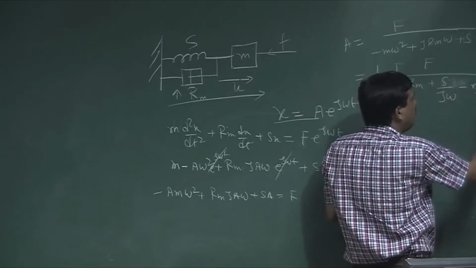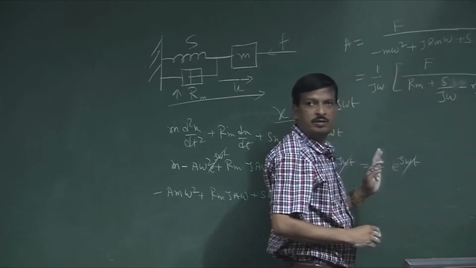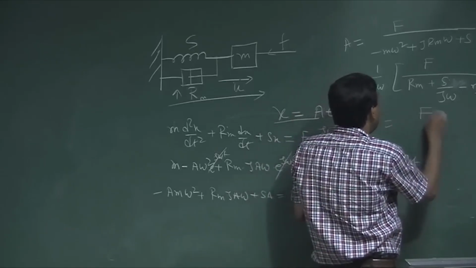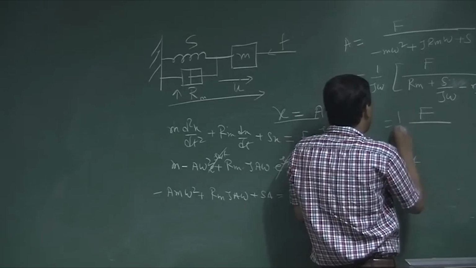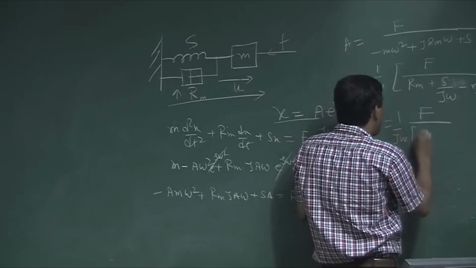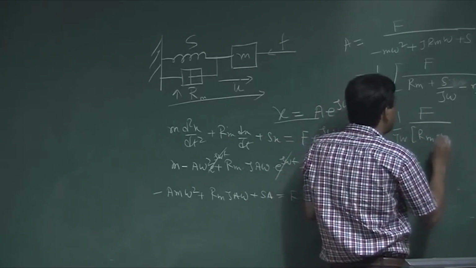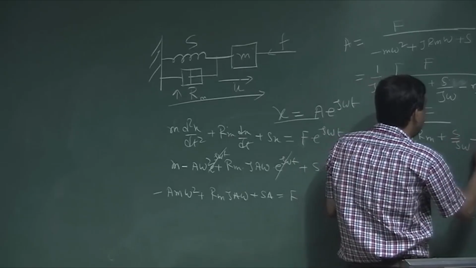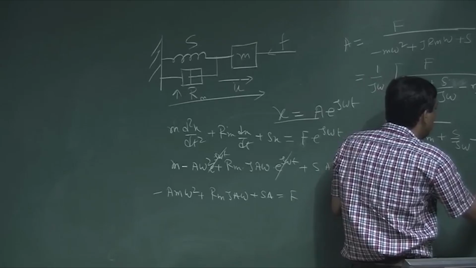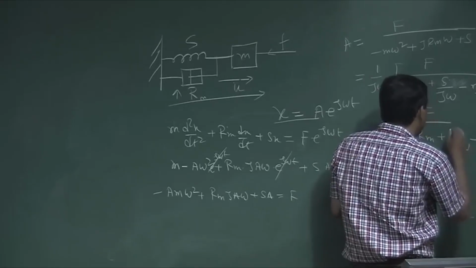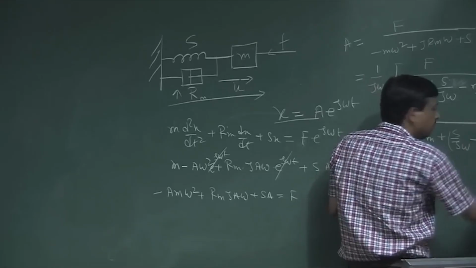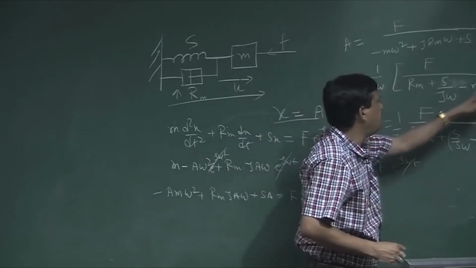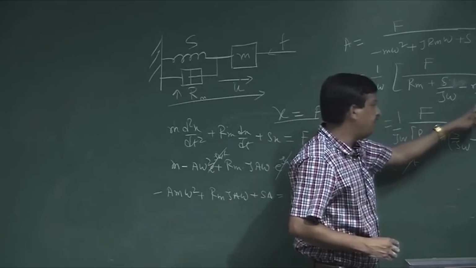So the omega will be cancelled. So it is nothing but a, f by j omega, r m plus s by j omega minus m omega by j. Okay or not?